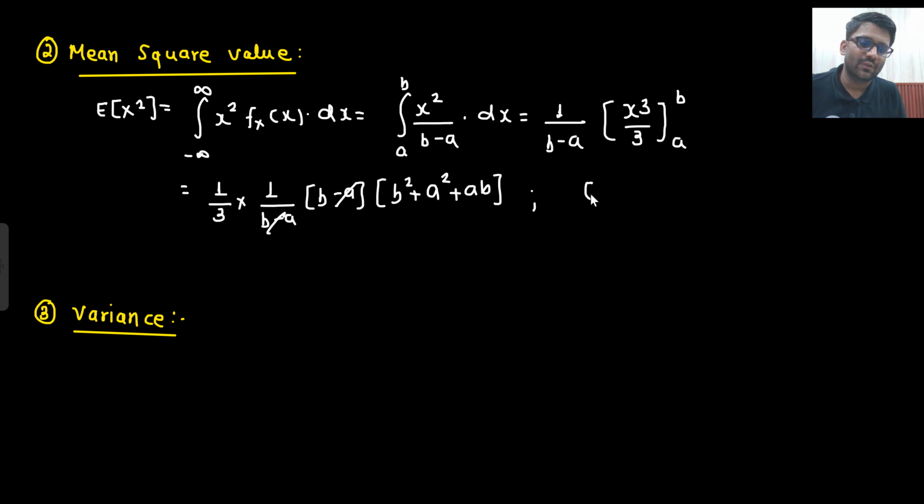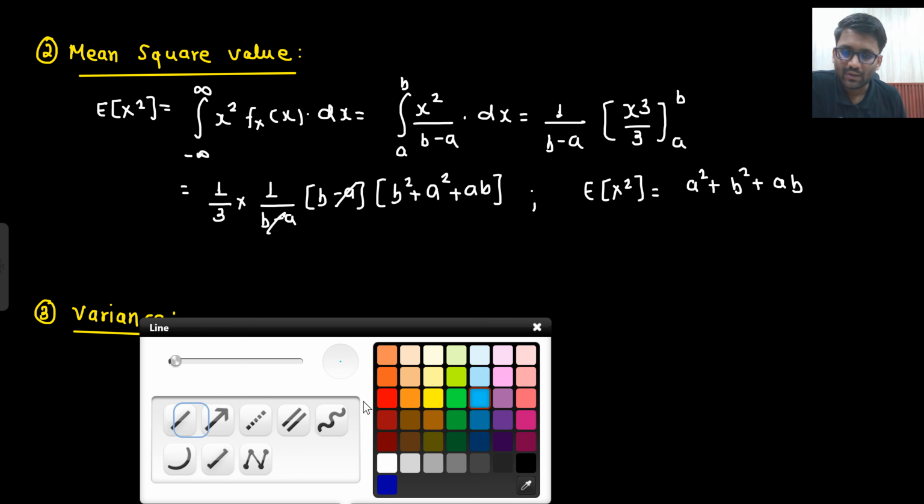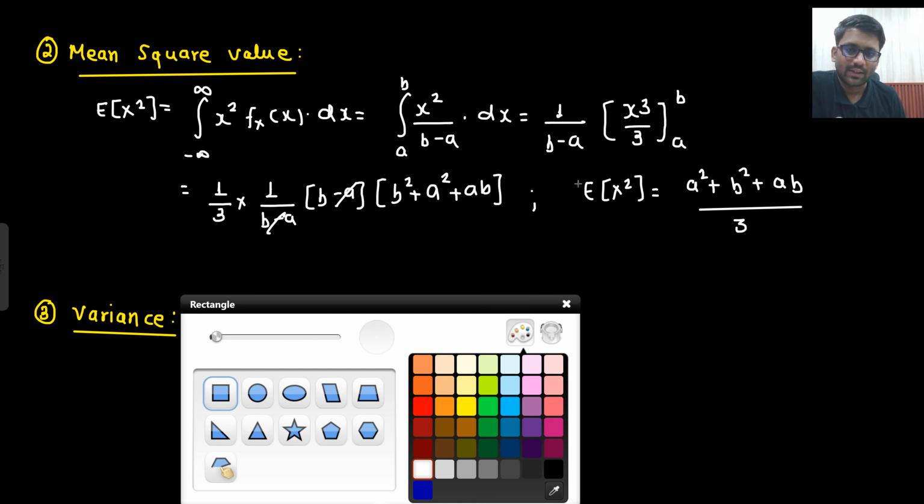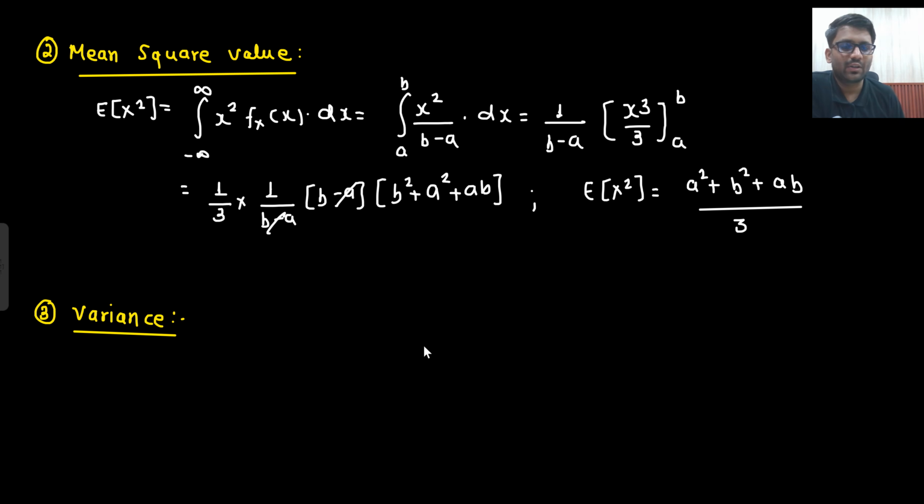Basically your expectation of x square is coming out to be a square plus b square plus ab divided by 3. So this is your expectation of x square, which you don't need to remember, so I am not putting it in a box.